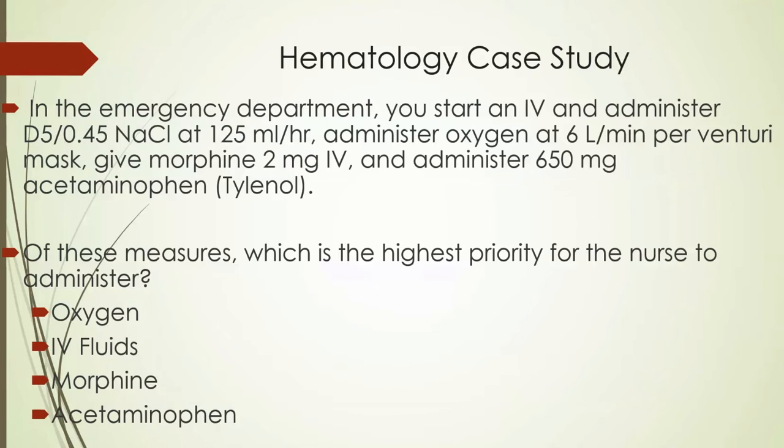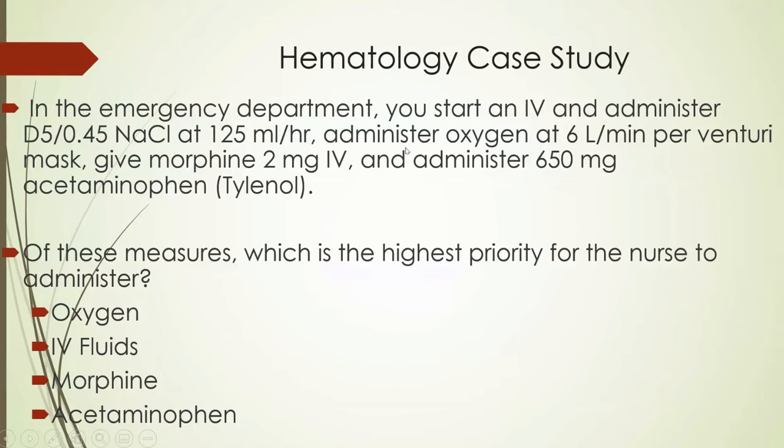And hypotonic fluids will push fluid where? Into the cell or out of the cell? It's going to go into the cell, and we would want that with sickle cell because we want to plump those cells back up. We want to unsickle them and make them round again. So that's kind of just why that particular type of fluid was ordered.